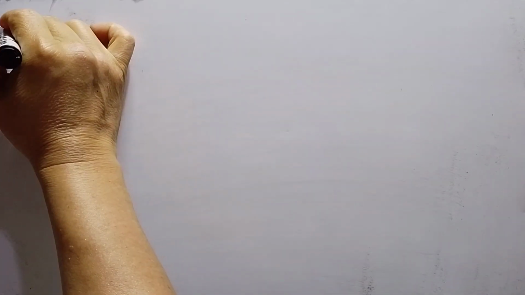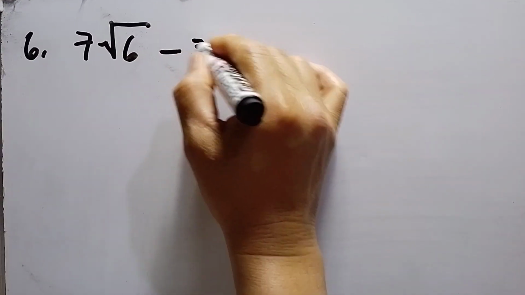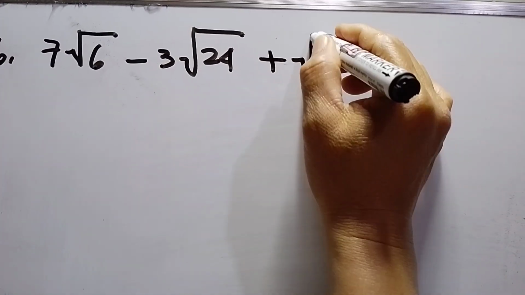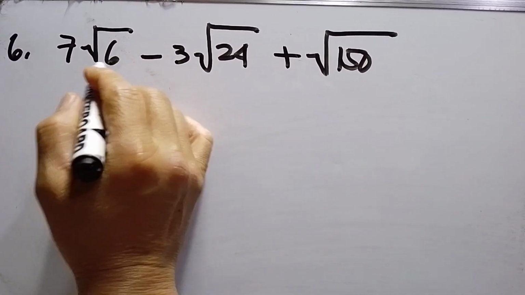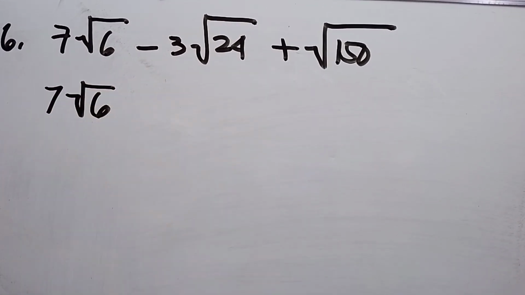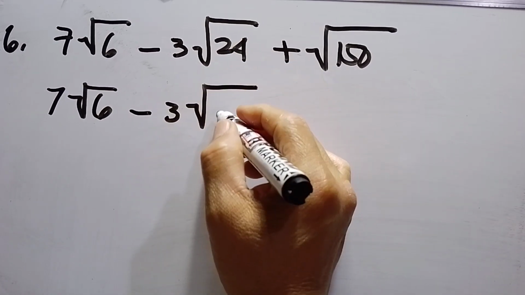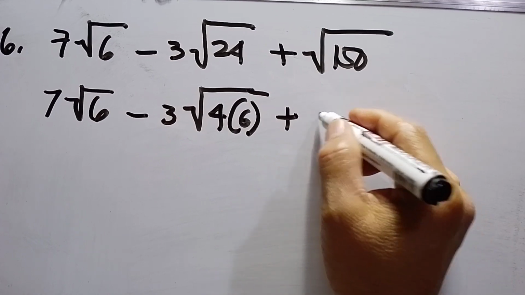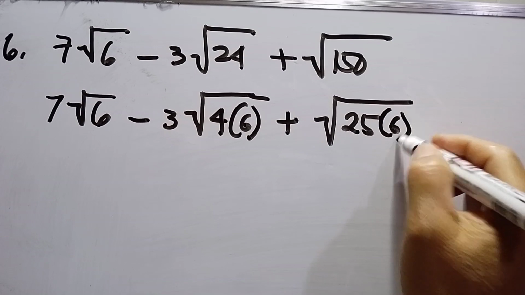Number 6, 7 square root of 6 minus 3 square root of 24 plus square root of 150. So this will be, just copy because there is no perfect square for 6. 7 square root of 6. And then I need to factor 24. So 4 and 6. How about 150? Should be 25 times 6.